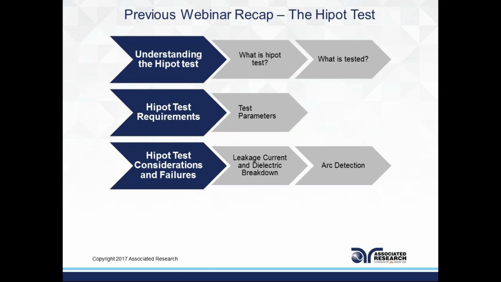And we also looked at some of the failure conditions that a HiPoT test could detect. So if your insulation was breaking down or if your leakage current was too high, this may fail your product in the real world. So HiPoT tests covered all these questions that you might have.